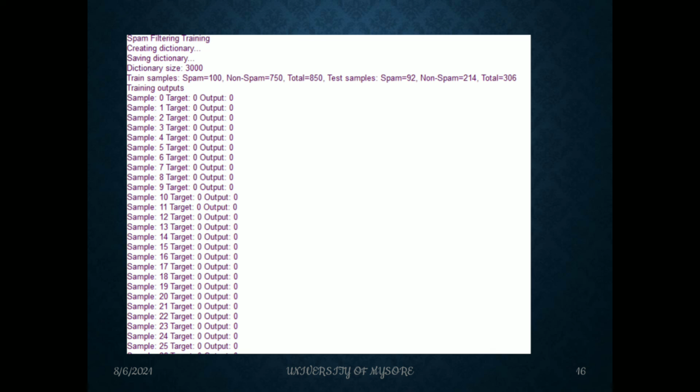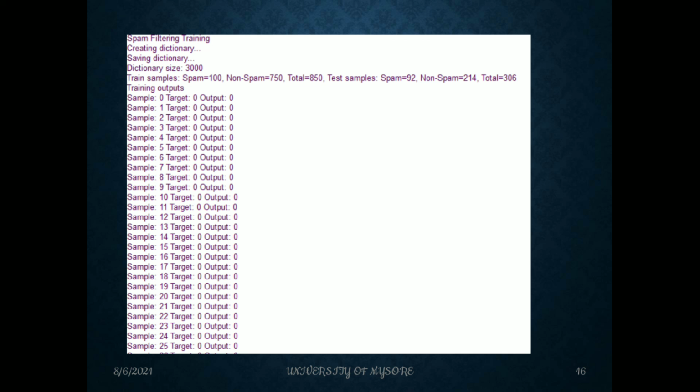In this slide, we see spam equal to 100, non-spam equal to 750. Let us observe the first scenario. We have 850 total messages or emails in our laptops or phones. It is separated into 100 spam messages and 750 non-spam messages.